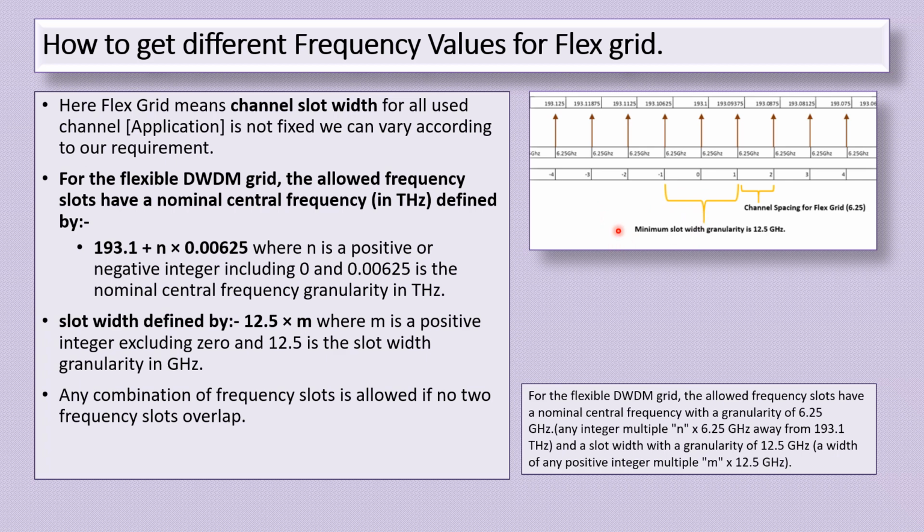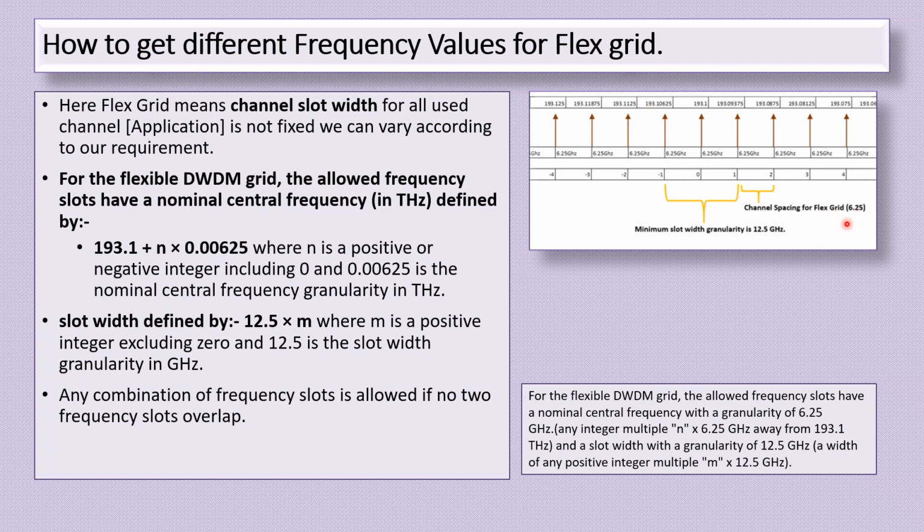Here you can see that we have selected m equal to 1, so the slot width is 12.5 gigahertz. This is the minimum slot width granularity, which is 12.5 gigahertz, and the minimum channel spacing for this flex grid is 6.25.